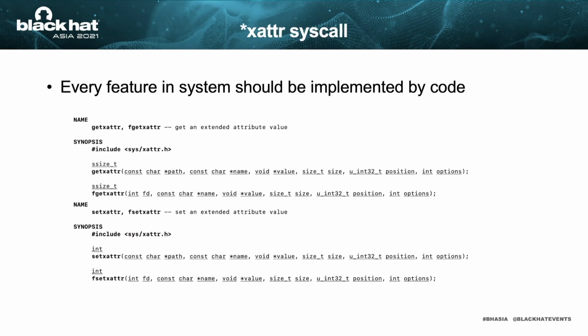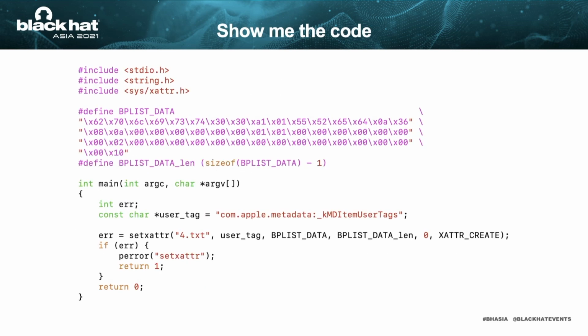So, how exactly is xattr implemented? After all, every feature in the system should be implemented by code. The answer is that macOS provides a series of xattr system calls, such as getxattr and setxattr. We can use the following code to test whether it works as we thought.